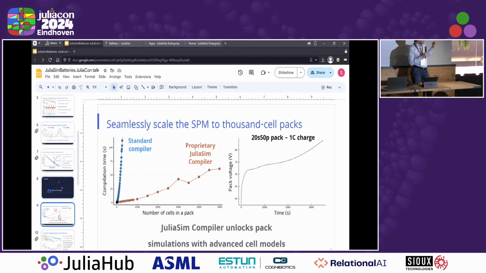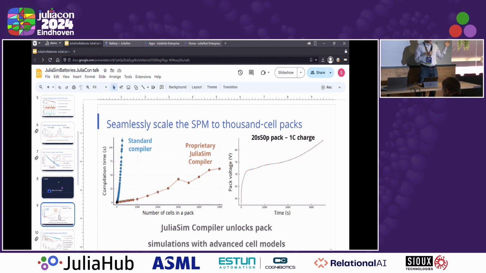And this analysis showed that the problem is, as I was saying in the beginning, we have 300 DAEs for one cell. So when you have a pack which has 1,000 of those cells or more, then just the compile time of all of these equations will be prohibitive, and the runtime might not even be measurable in some cases. With standard MTK, this is a challenge because the symbolic representation of MTK is not able to handle such a large number of equations.